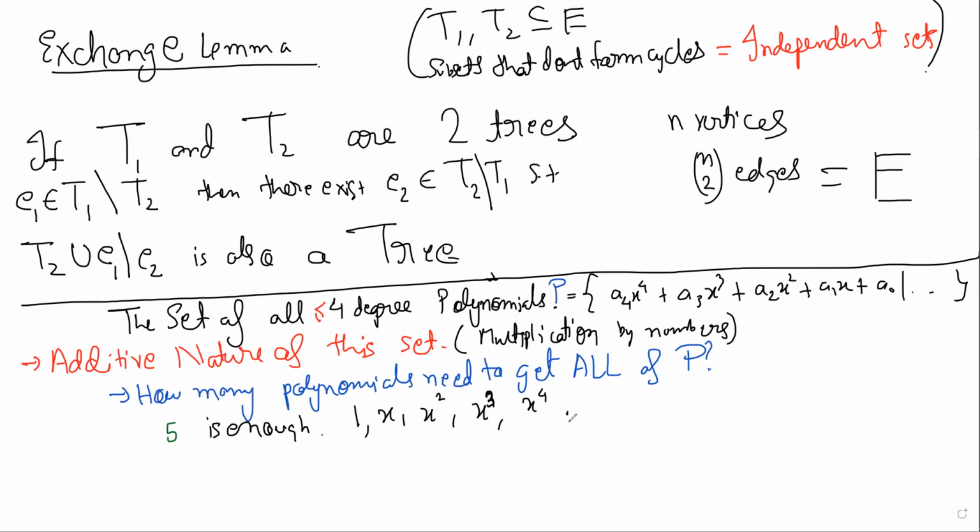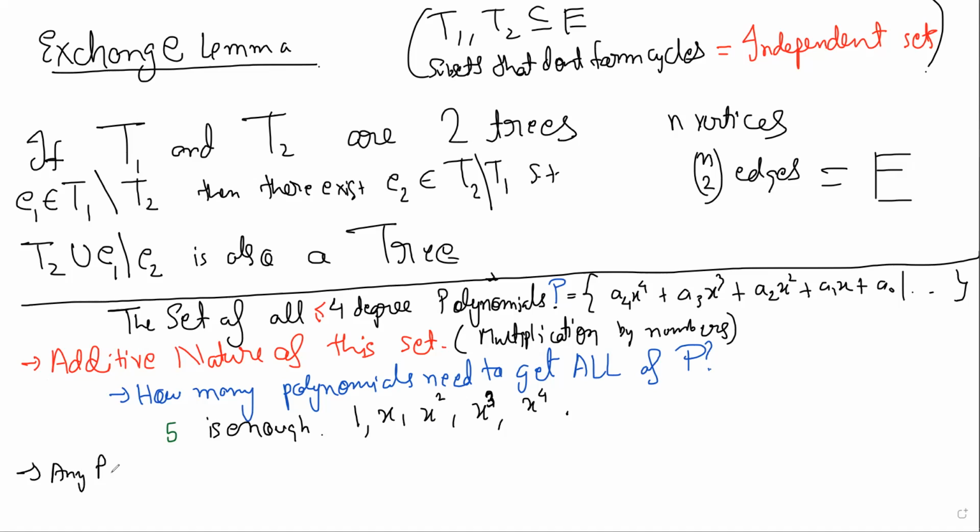You see, these 5 are enough. The way I should say it is, using these 5 edges, we are able to generate all the polynomials. It is like a tree in a loose sense, in that these 5 are independent. Why? Because you can write a polynomial using these 5 in a unique way, right?